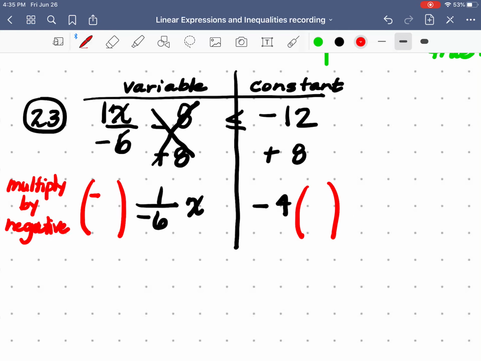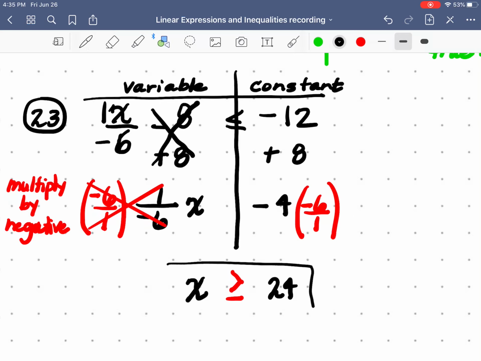So as soon as that negative goes in there, come down here and make the reversal on the arrow. So negative 6 over 1 and negative 6 over 1. Here's the canceling. So I am left with x, and on this side is positive 24.